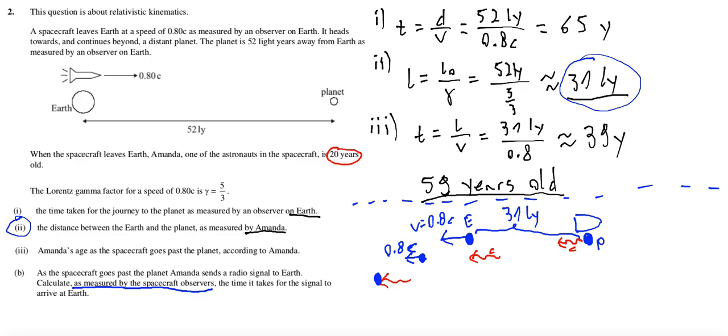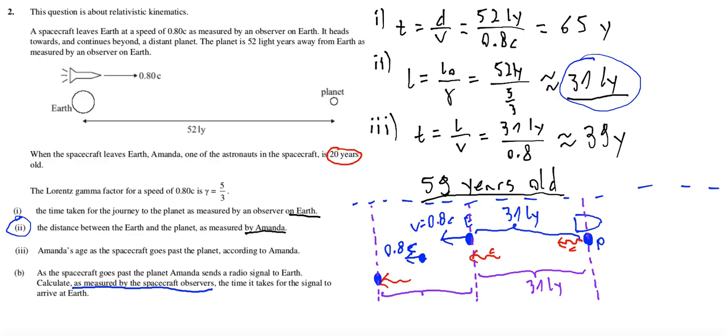In my opinion, the best is to divide this distance into two sections. This section has 31 light years. And what is this other section? It is the distance traveled by the radio signal.